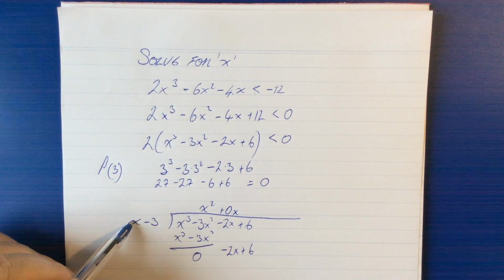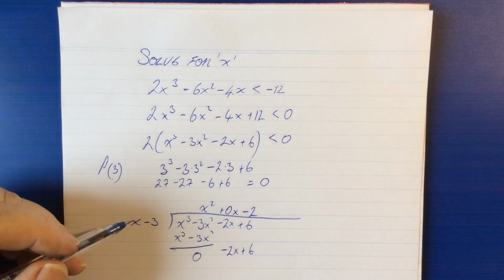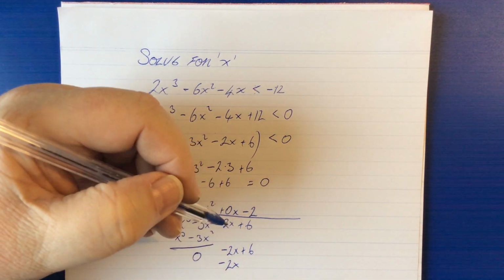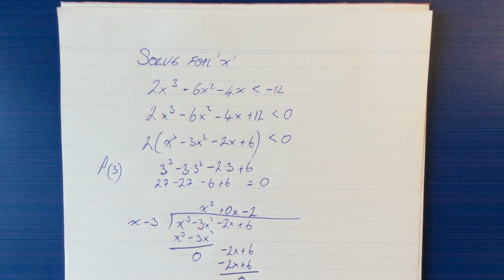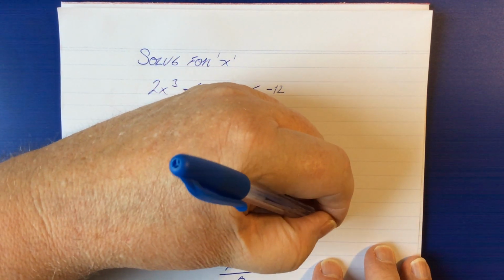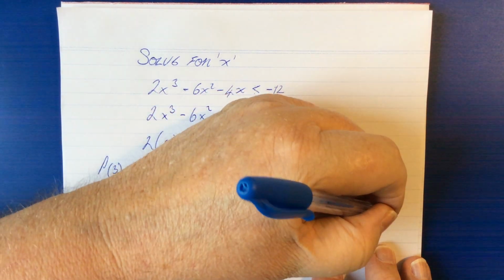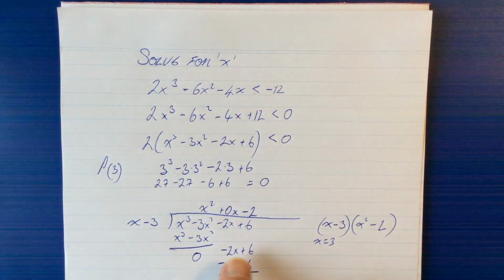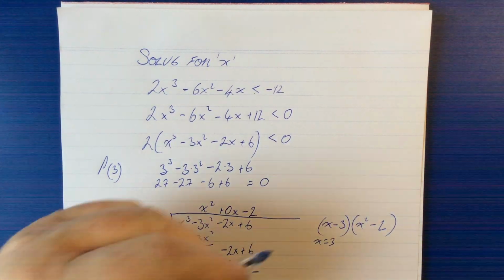Okay, what do I have to do to x to get negative 2x? Well, I multiply it by negative 2, and that gives me negative 2x, and negative 2 times negative 3, rather, is positive 6, and my remainder is 0 again. So we have this factor, which is x equals 3, and we have this factor, x squared minus 2. We don't need the spacer in there anymore.